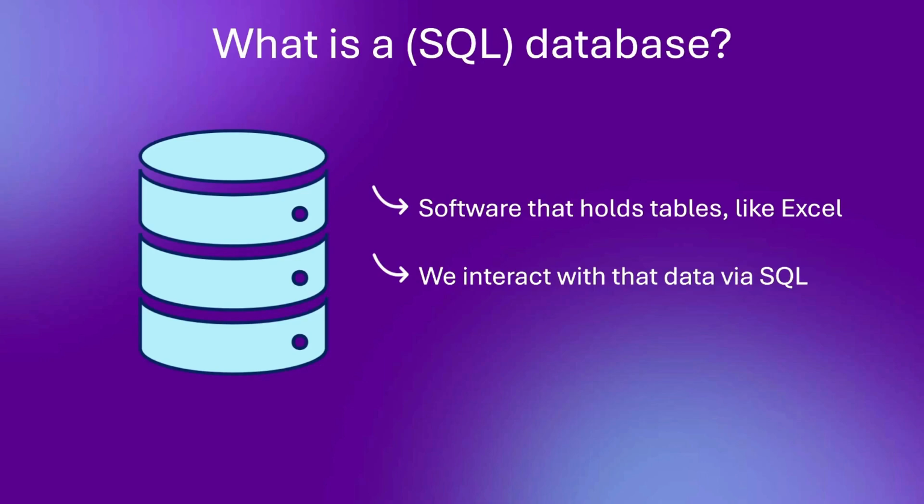It just holds tables like Excel does, like spreadsheet software does. And instead of interacting with it through a spreadsheet, like we do with Excel, we interact with the data via SQL code. But that's all you really need to worry about when it comes to SQL databases. It's just some software that holds some tables, and we talk to that data using SQL.